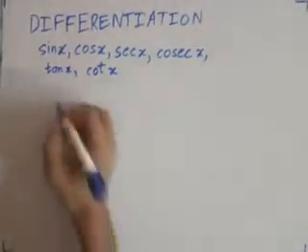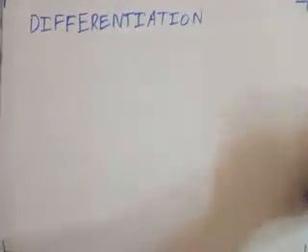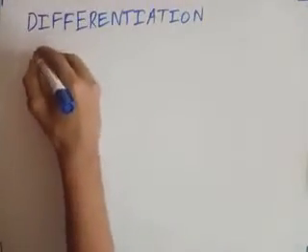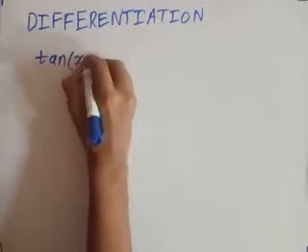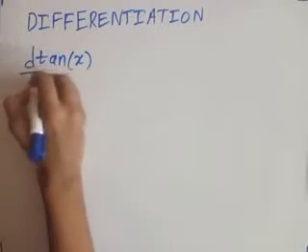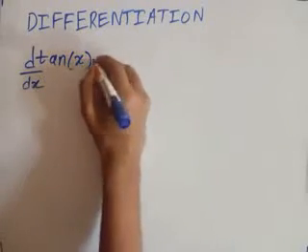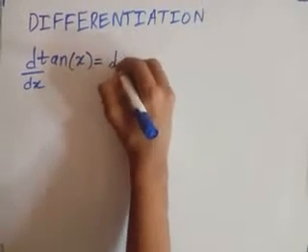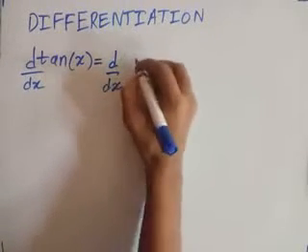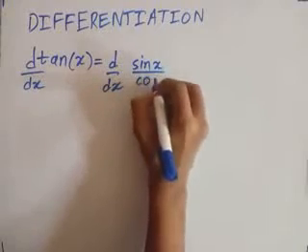So let's start off with the tangent of x, or the function tan of x. So here is my function tan of x and I want to find its derivative. So first of all, I'm going to use a pretty simple trig fact that tangent of x is nothing but sine of x divided by cosine of x.